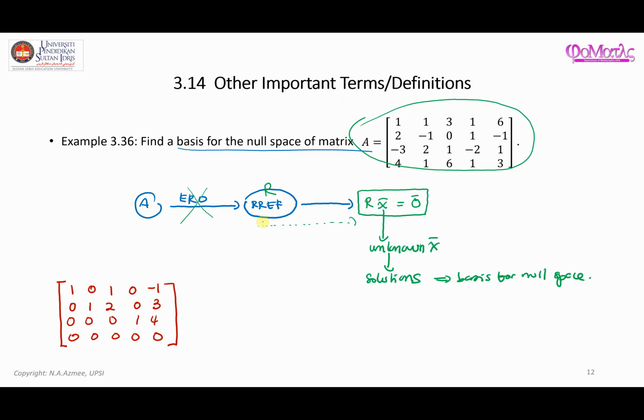So it will be multiplied with the unknown x. Here is a 4 by 5 matrix, four rows and 5 columns. Therefore this one here must be a 5 by 1 matrix. So we know that we shall have x1, x2, x3, x4 and x5 to be considered.